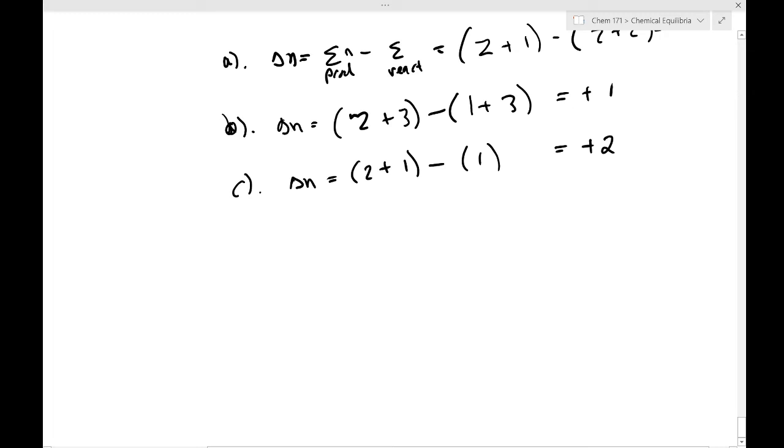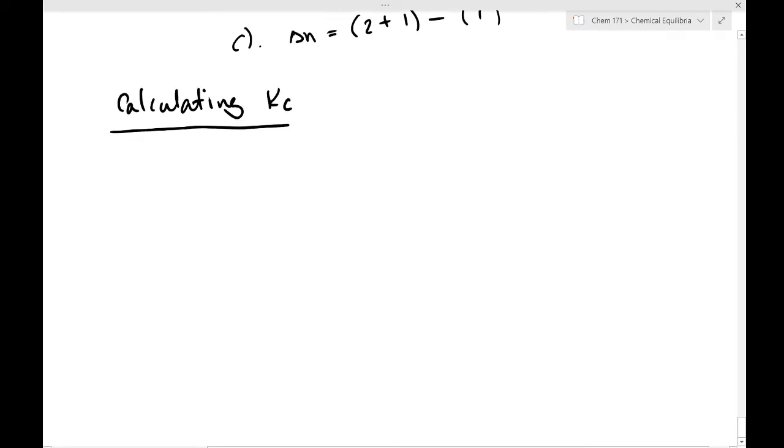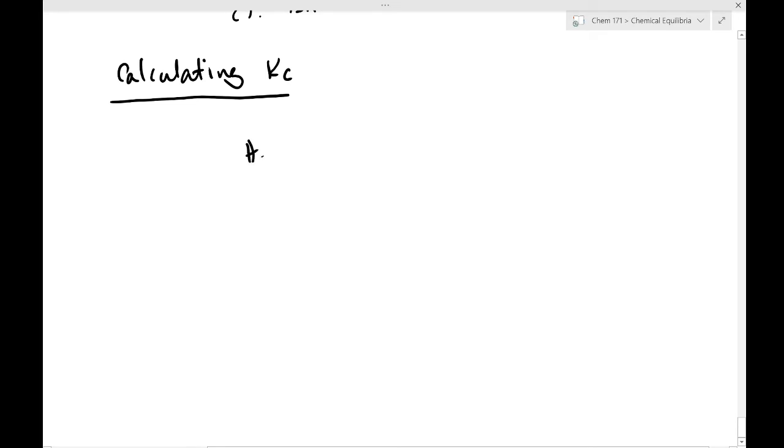Okay, let's go through the process of figuring out exactly how to calculate Kc. Say we're given some reaction. The reaction of hydrogen gas with iodine gas to produce hydroiodic acid gas.